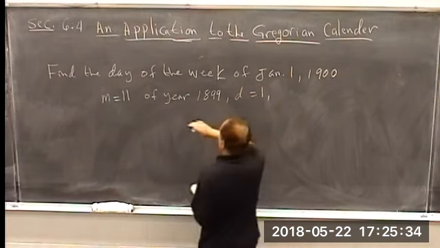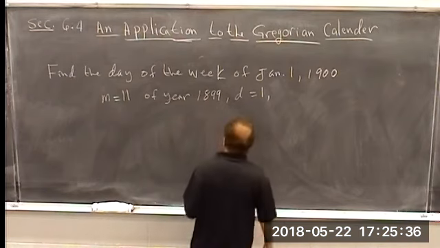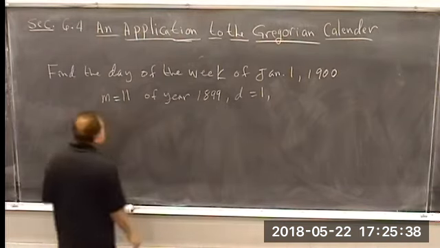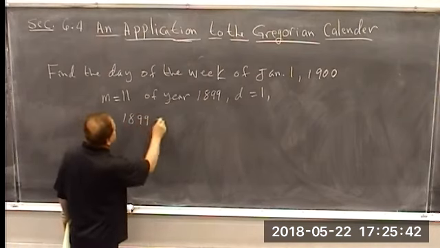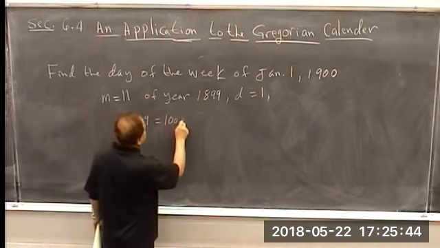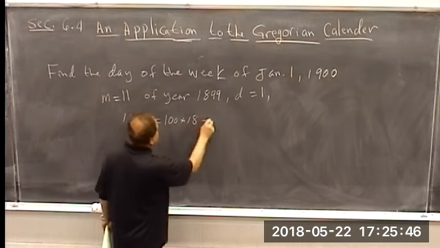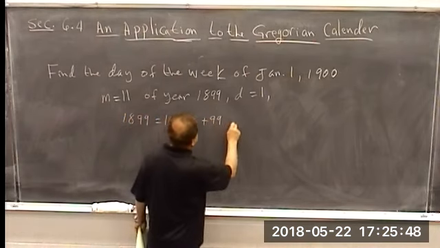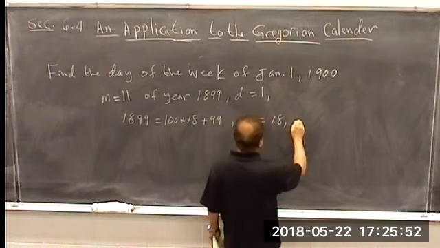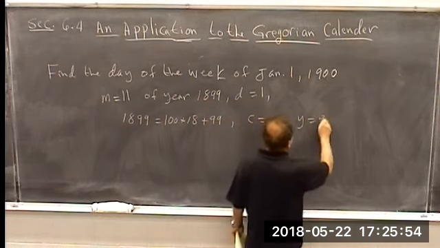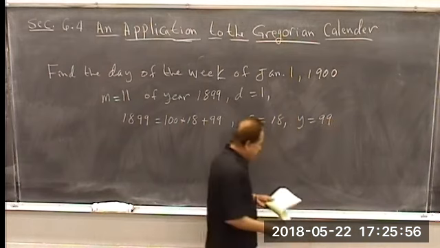We know the M, and now we need the 1800. So this is 100 multiplied by 18 plus 99. So we have C equal to 18, and little y is equal to 99.